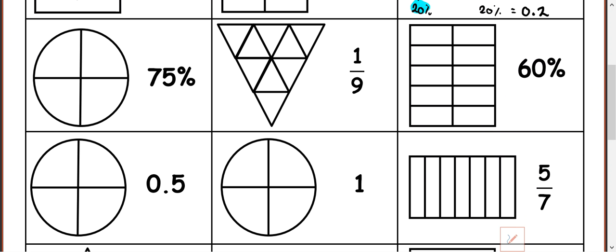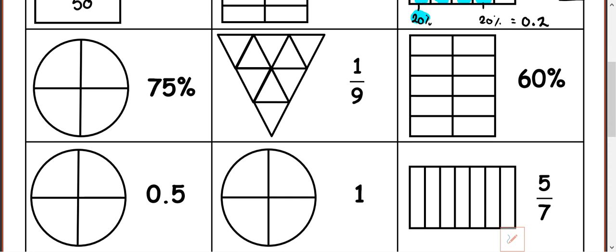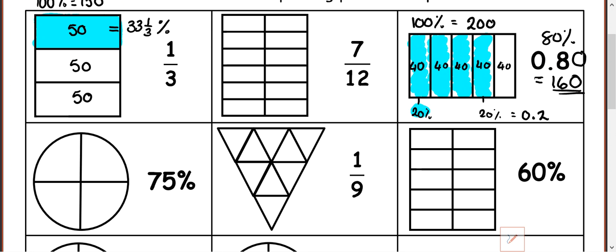Now, it's up to you how you go about doing this, but you are not only going to shade in. I think that's a bit too easy for you guys, but if you are struggling, that might be your first step, just to make sure you know how many. What I then want you to do is what we've just done.